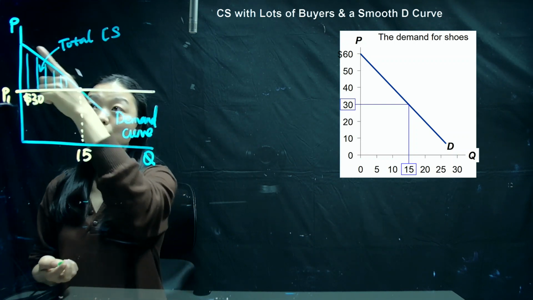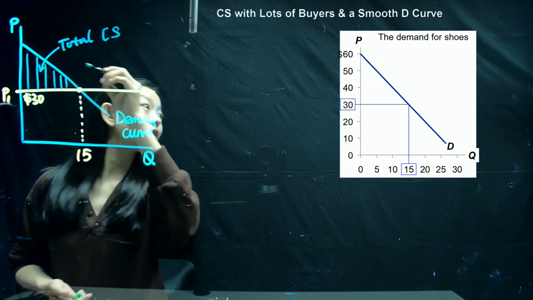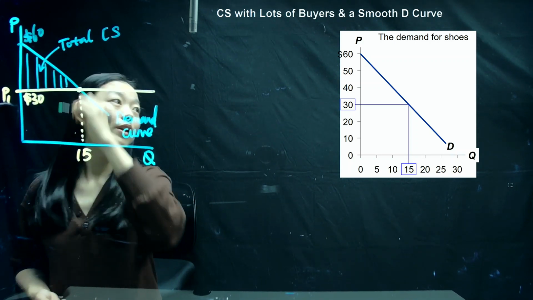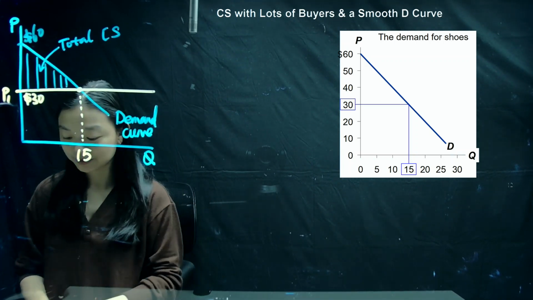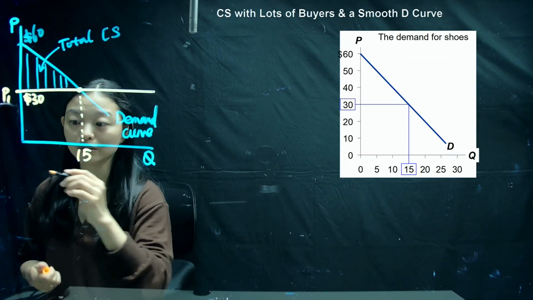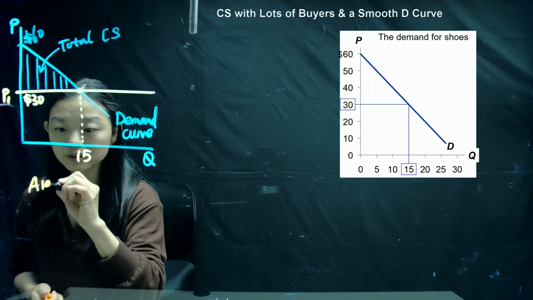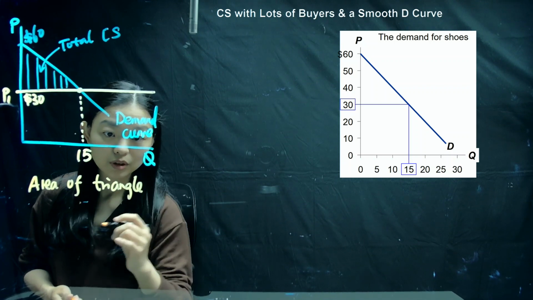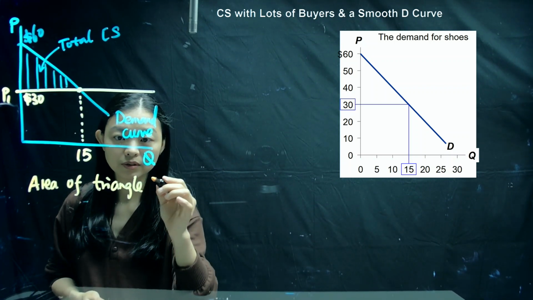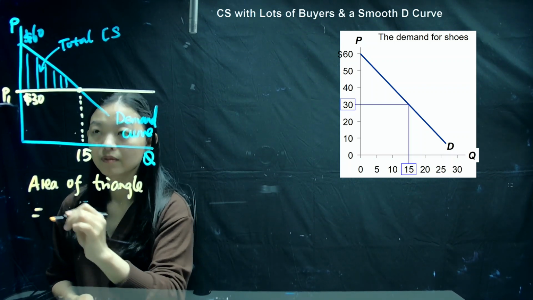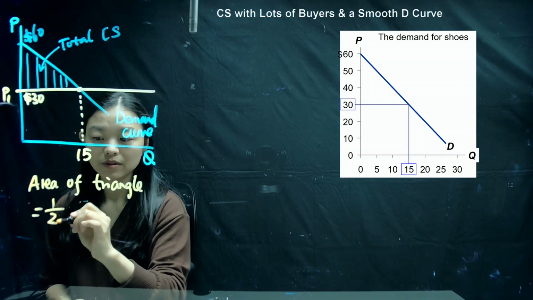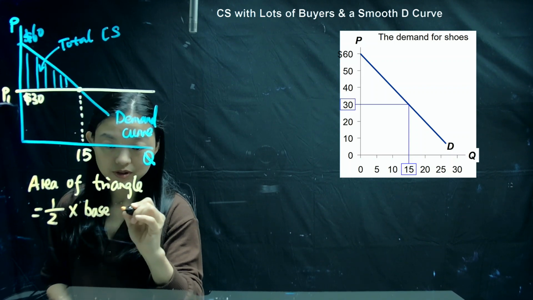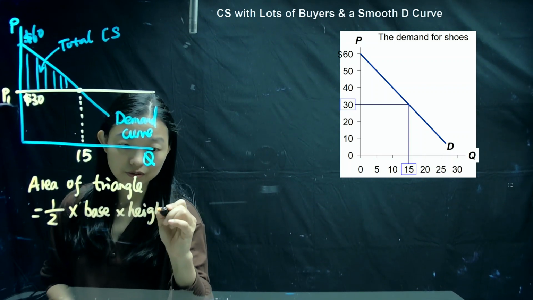So how can you compute this triangle area? We also have the price here equal to 60, right? So how do you get the area of a triangle? The area of a triangle equals 1/2, half times base times height, right?